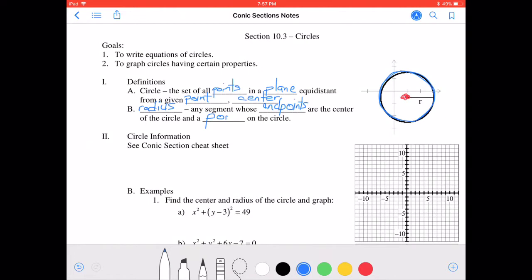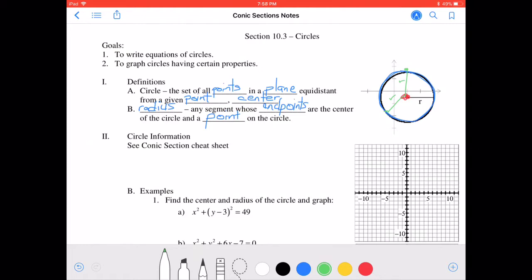So in our diagram, we have a radius already drawn, but we can draw any other radius we want as long as we start at the center and go to any point on the edge. So these are all the radiuses, the radii, because they all start at the center and go to the edge.